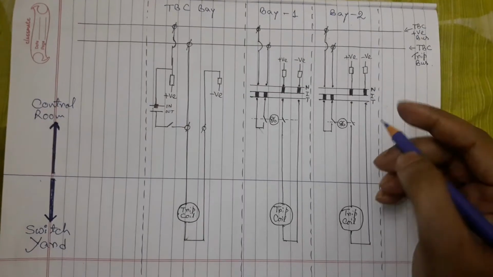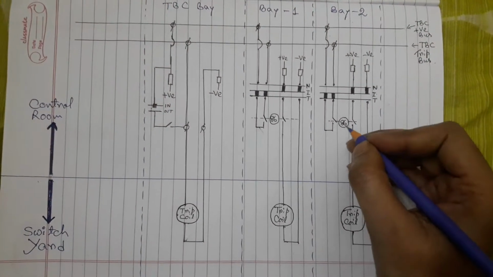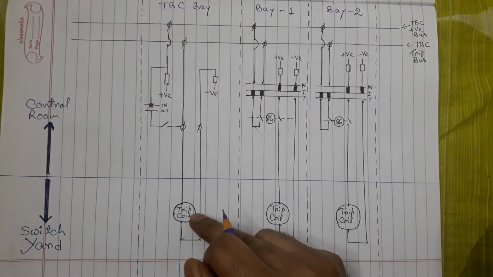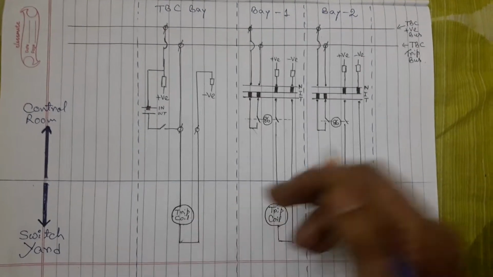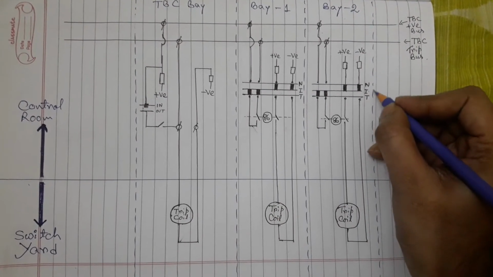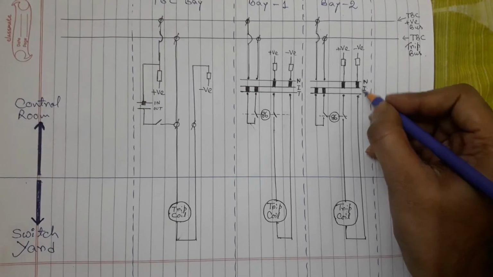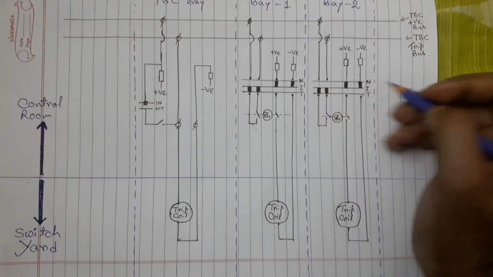But for which bay's operation will this trip coil operate? This is decided by the operation of this NIT switch. This switch is present in each bay.